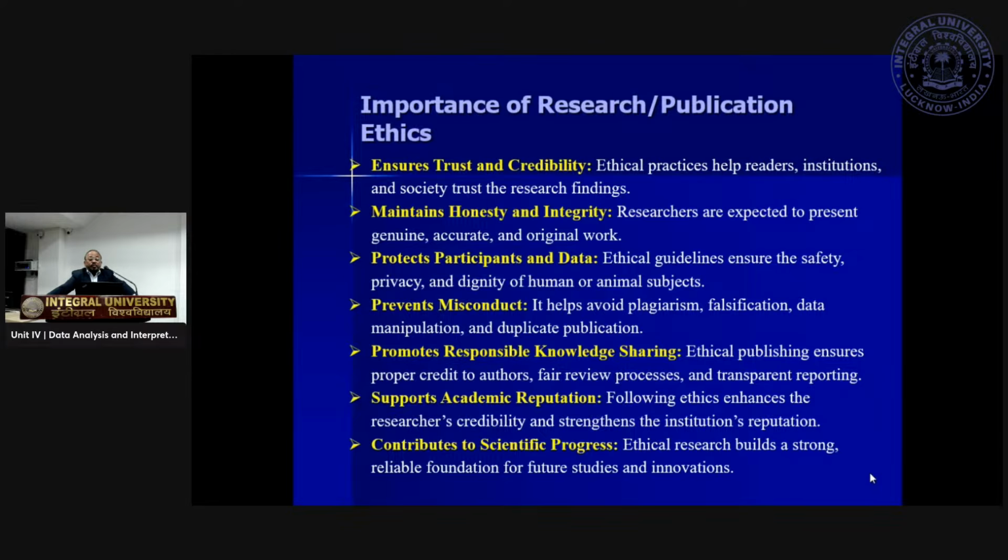These are certain importances of publication ethics which you should know. Ensure trust and credibility. The ethical practices help readers, institutions as well as society trust the research findings. If somebody is reading your paper, he must have trust in it. This is why we trust that the papers published in Scopus or Web of Science are trustworthy and good papers.